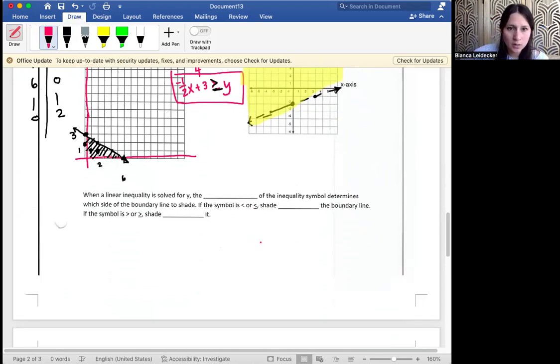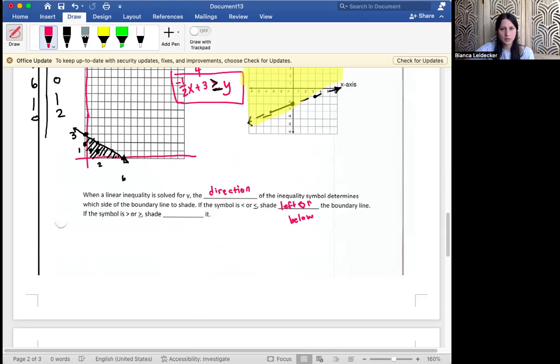Let's fill in the blank here. When a linear inequality is solved for y, the direction of the inequality symbol determines which side of the boundary line to shade. And I don't know if you've noticed that already. If the symbol is less than or less than or equal to, shade left or below, because we know that these are below the boundary line.